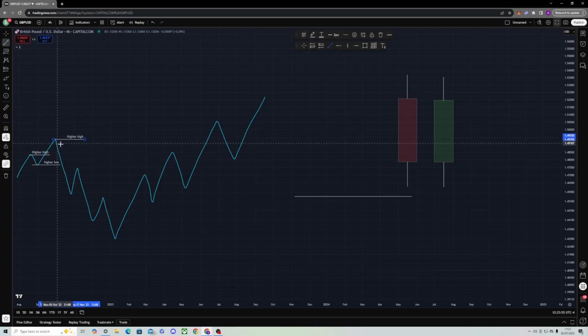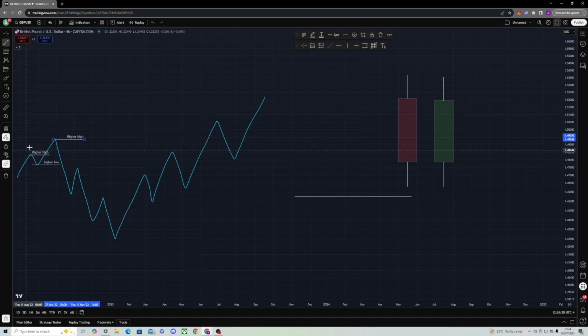Price has struggled to go past this high. Price has now closed a candle in this area, has closed back below this low, changing the direction of price, breaking structure.